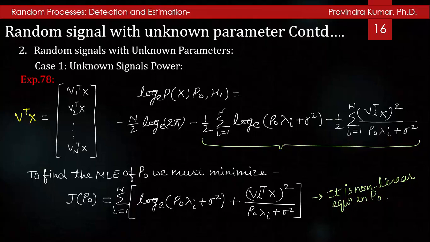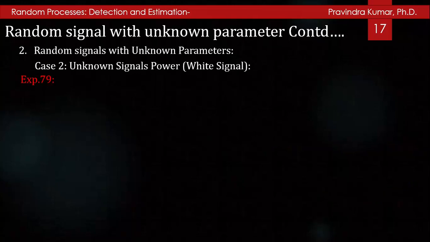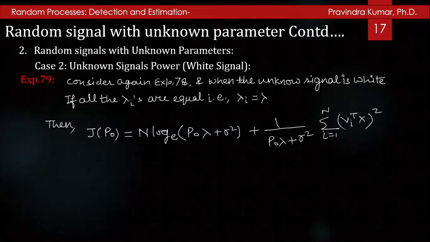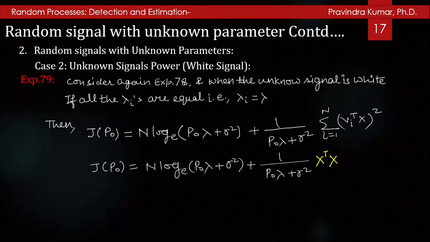For some special cases, we can find P naught, like in the next example, when the unknown signal is a white signal and all lambda i's are equal, that is lambda i equals lambda. Then J of P naught will be n log (P naught lambda plus sigma square) plus 1 by (P naught lambda plus sigma square) summation i equals 1 to n (Vi transpose x) whole square, which equals n log (P naught lambda plus sigma square) plus 1 by (P naught lambda plus sigma square) x transpose x.